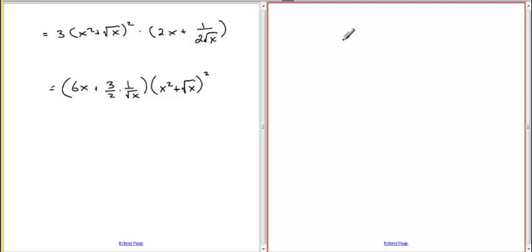Now you might have a case where it actually is a product rule and a chain rule within that. So for example, if I had x cubed times the sine of the quantity x cubed, I have a product which includes this term.